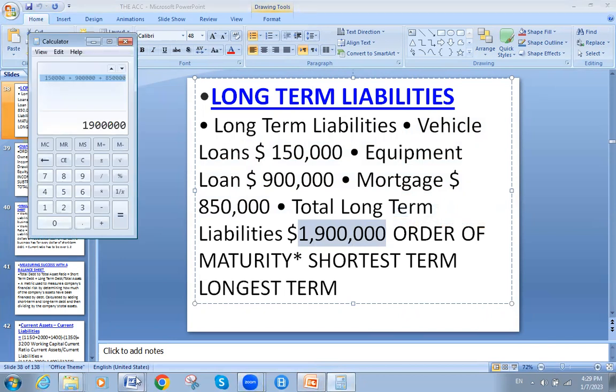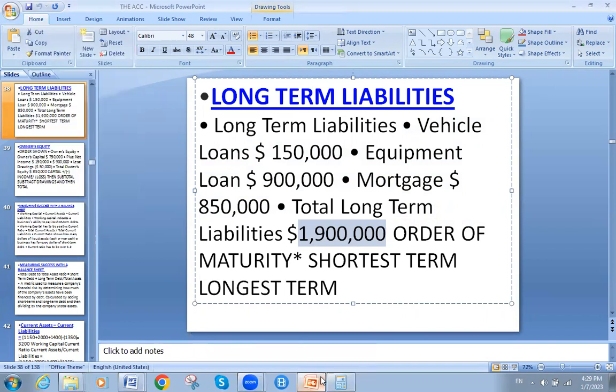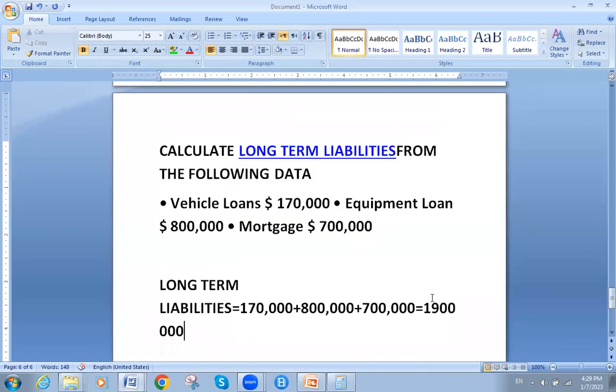So this is Control C, and we'll go to it right now. Here we go. It will equal this amount of money, and before this the dollar sign, of course, we can put this also down this way. So this is the long-term liabilities. Long-term liabilities will be this amount.